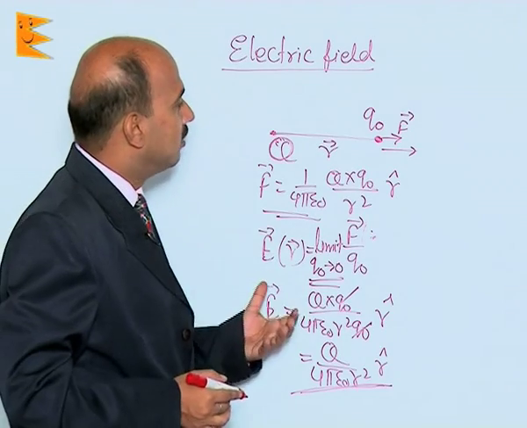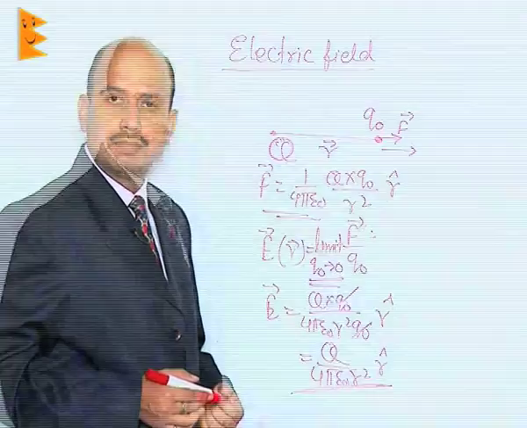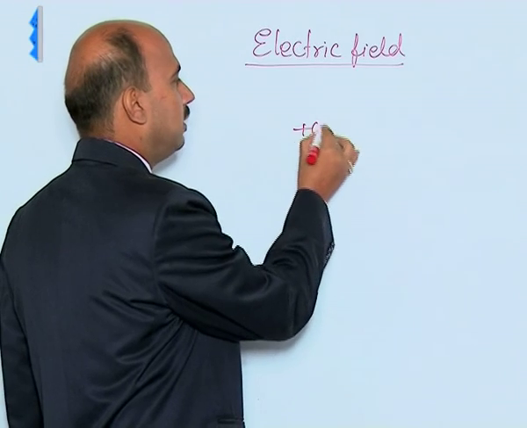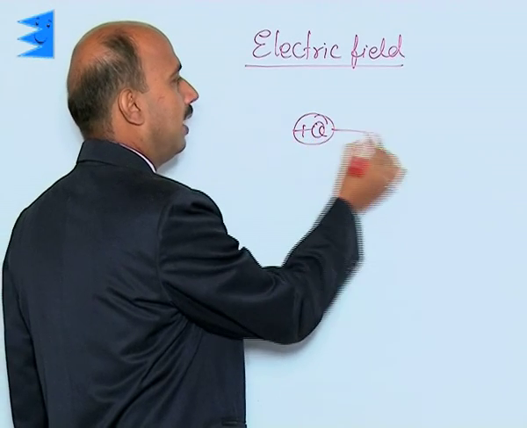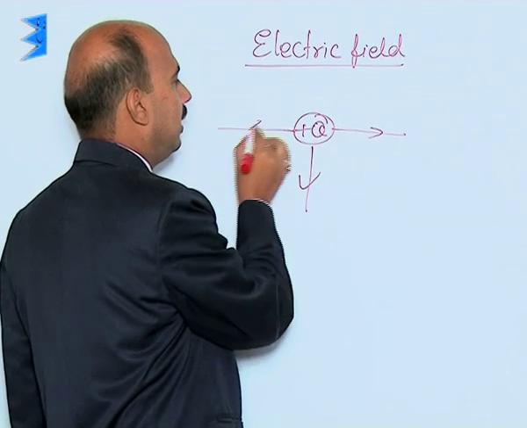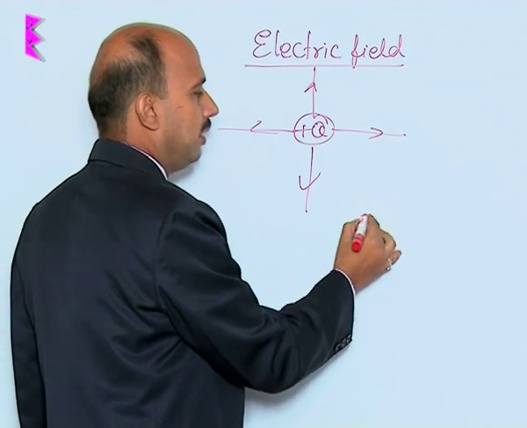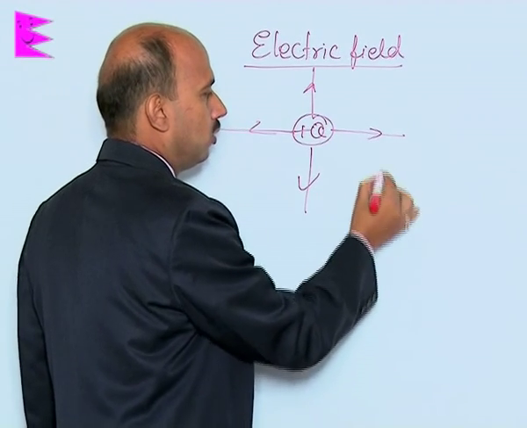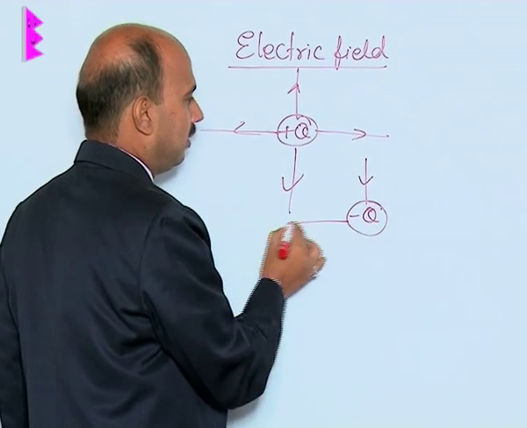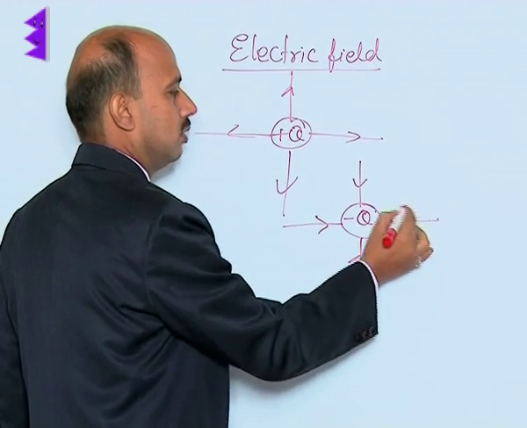We can depict this with the help of a diagram. If there is a positive charge Q here, the direction of electric field is radially outward. If it is negative Q, the direction of electric field is radially inward.